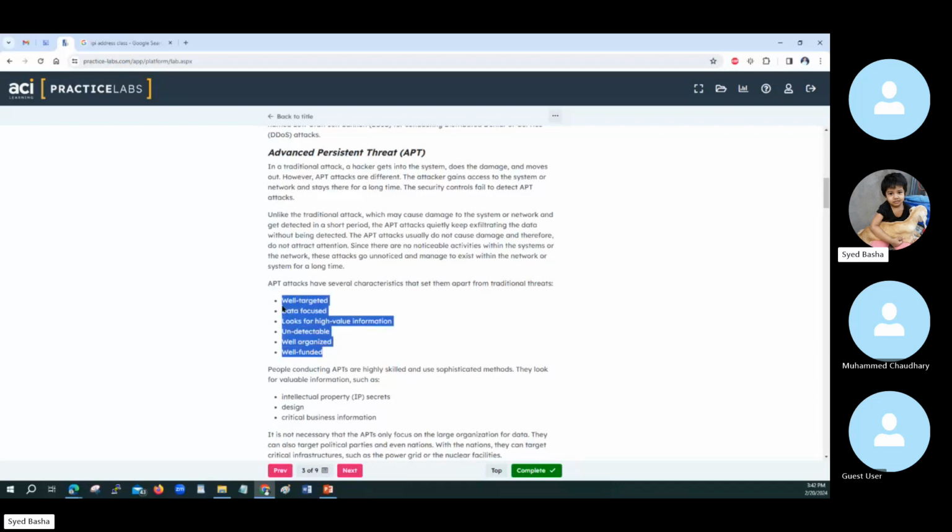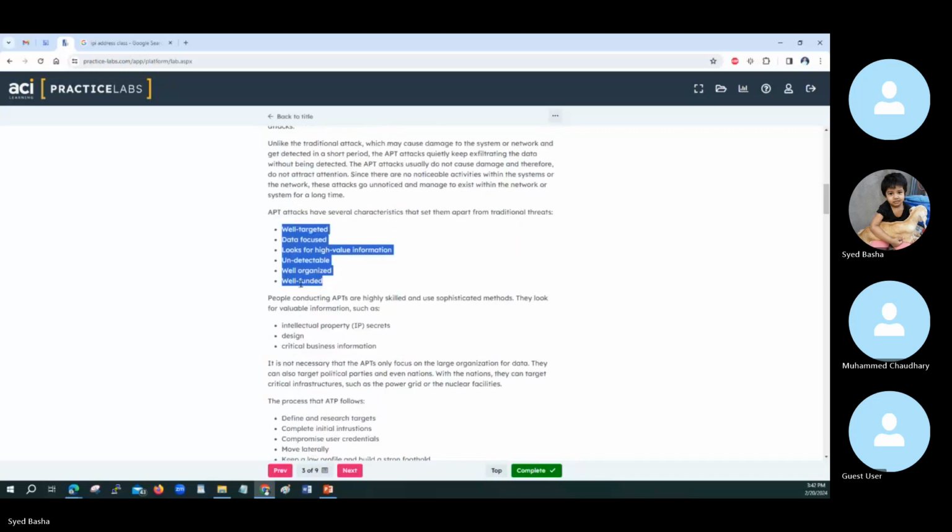Is it all applied to the scenario which I have explained? Yeah. So that's why it is called advanced persistent threat. They spend sometimes billions to get what they want. They use APTs to get intellectual property secrets.